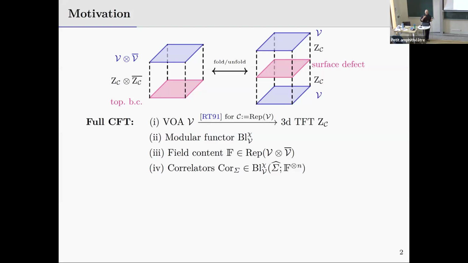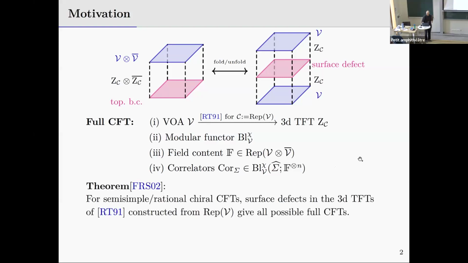So the whole punchline of this motivation is that you can actually make this picture fairly rigorous, in the sense that you can use the data of the 3D TFT together with a topological surface defect in it to construct both the field content and the correlators.